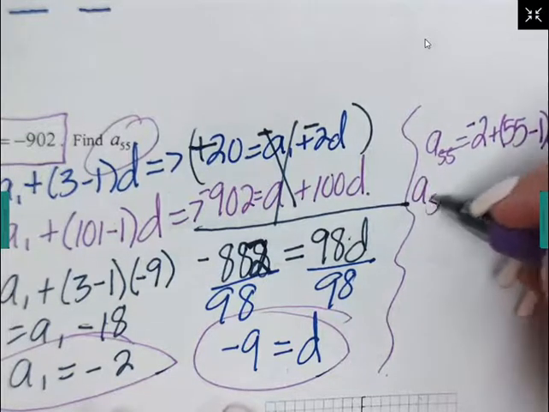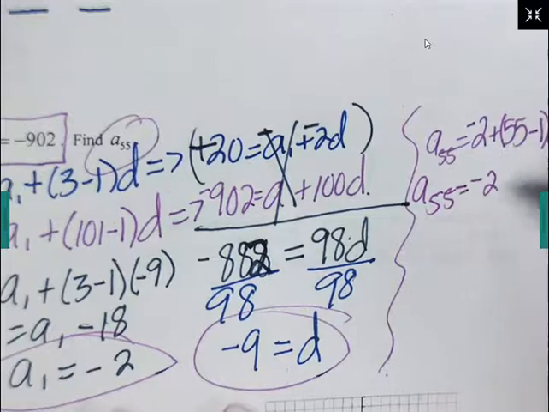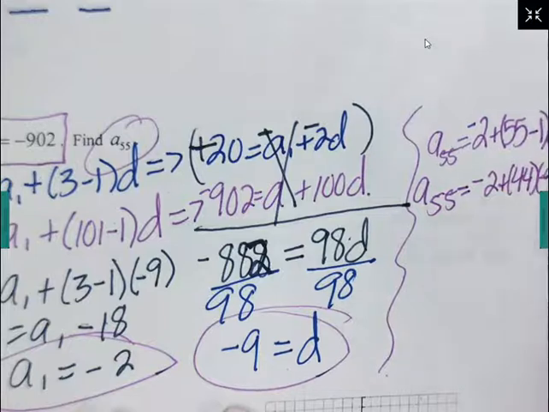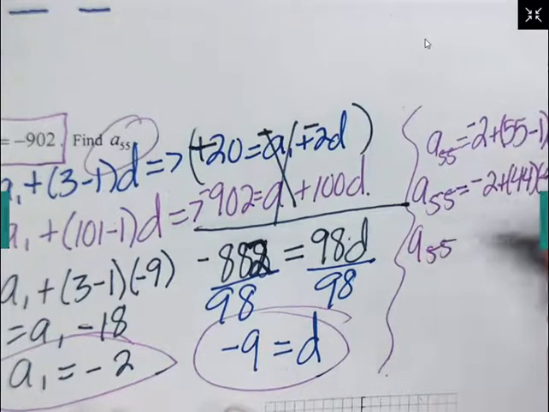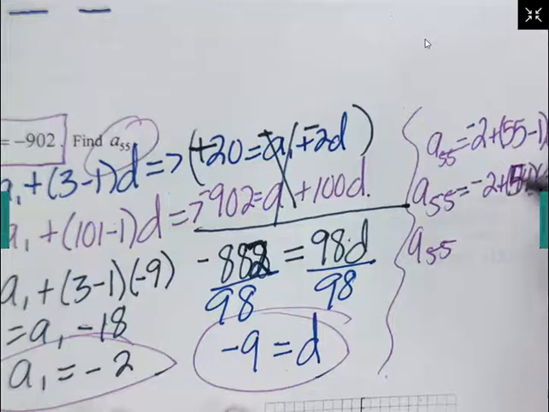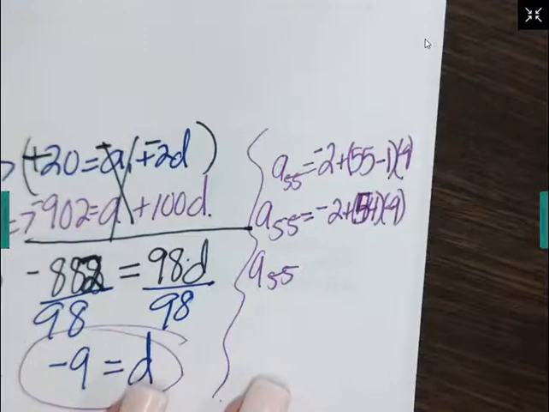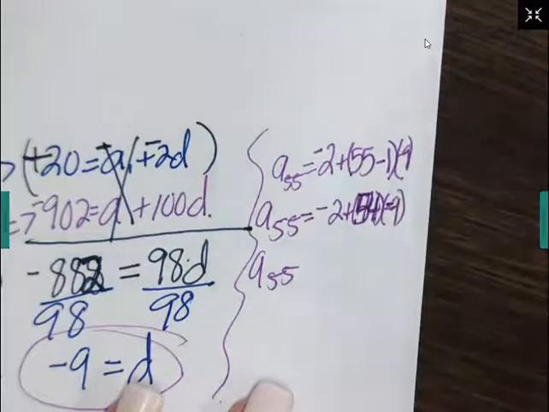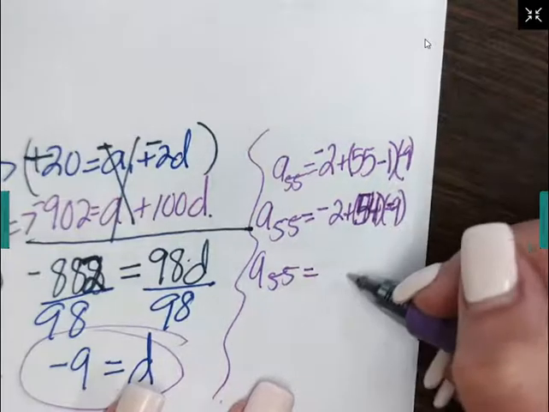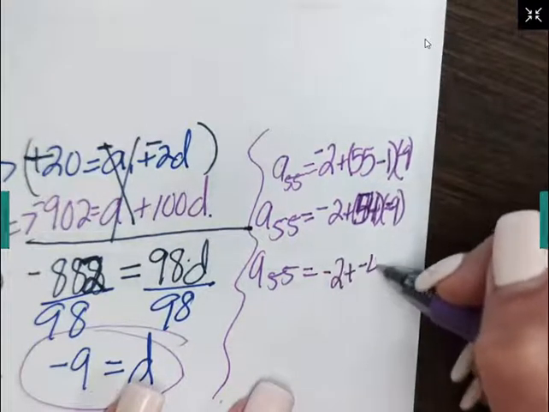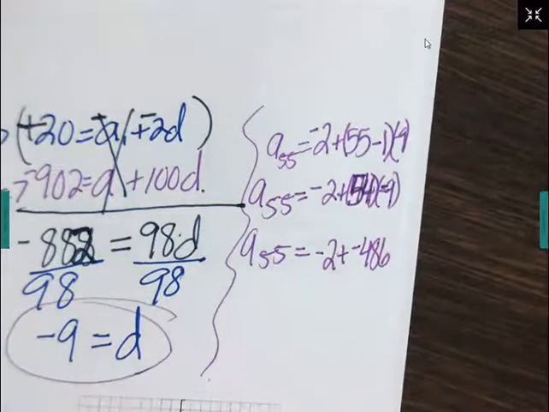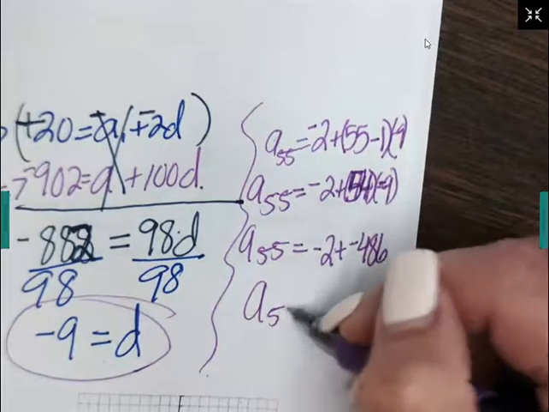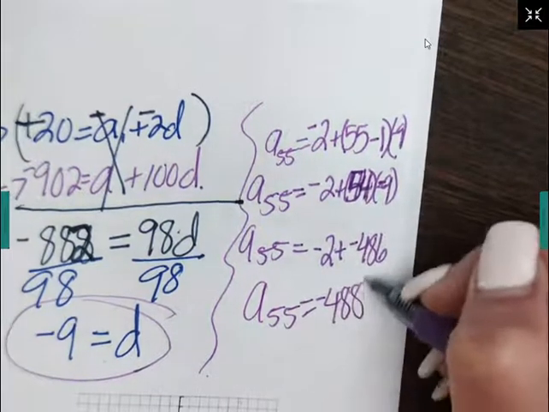So that's a sub 55 is equal to negative 2 plus 54 times negative 9. Oh, I'm running out of room. I'm trying to squeeze it in. 54 times negative 9 is negative 486. And then you would subtract 2, so negative 488. That's our answer. A sub 55 is equal to negative 488.